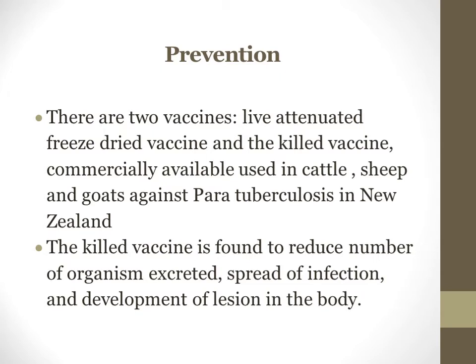The killed vaccine is found to reduce the number of organisms excreted. It controls the spread of the infection to some extent, and it reduces the development of lesions in the body. But 100% eradication of disease by vaccination is not possible.